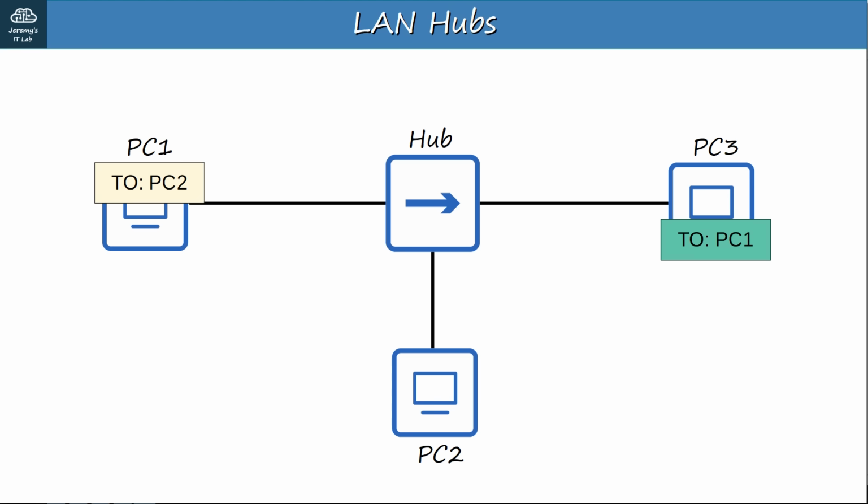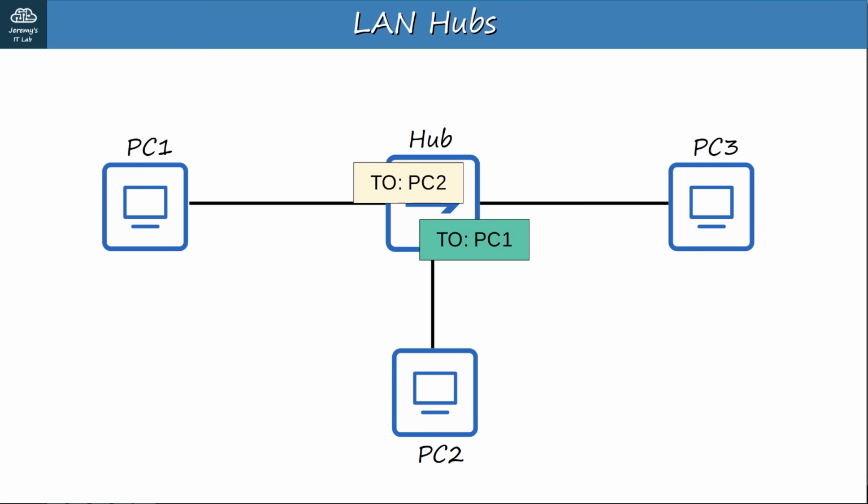In this case, PC1 is trying to send a frame to PC2, and PC3 is trying to send a frame to PC1. They both send the frames out of their network interfaces, and this is where a problem occurs. The hub won't send one first and then send the other after. It simply tries to flood both at the same time, and this will result in a collision on the interface, and PC2 won't receive either frame intact.